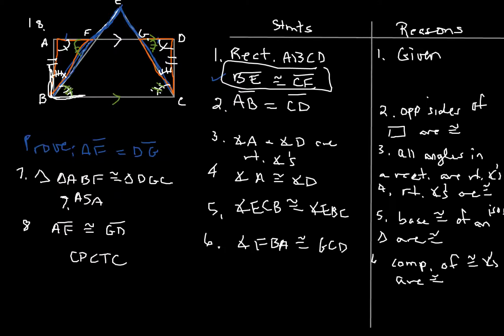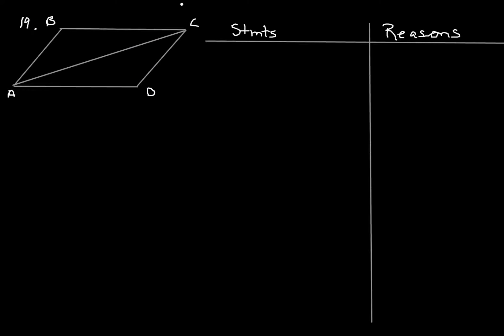All right, one more. We can do it. 19. All right, you are given ABCD is a parallelogram. So there's my crazy parallelogram, that's given. And we're given, oh, this one's different, AD is greater than DC.